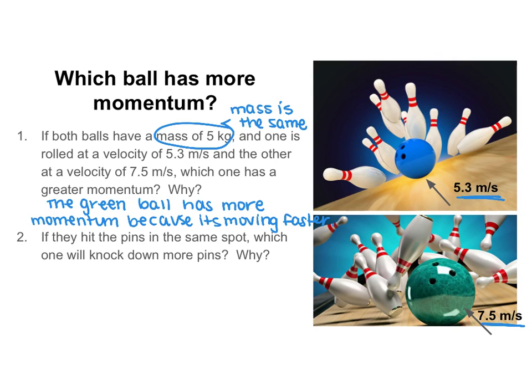When the green ball hits the pins, it's going to be harder to slow it down and more are going to fall over. So if they hit the pins in the same spot, which one will knock down more pins? The green ball. Because it's harder to stop since it has more momentum.